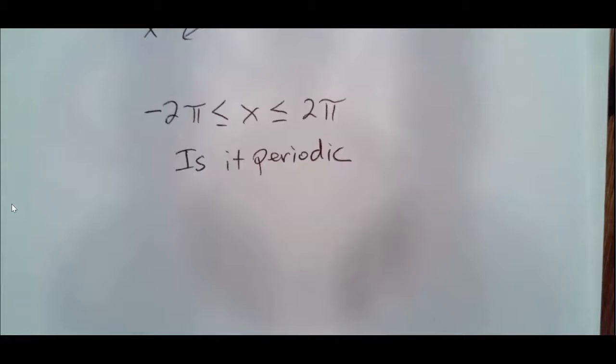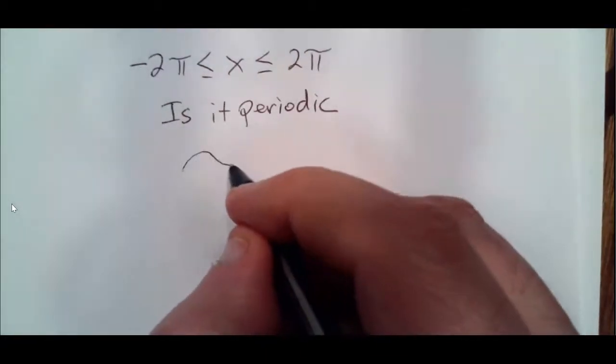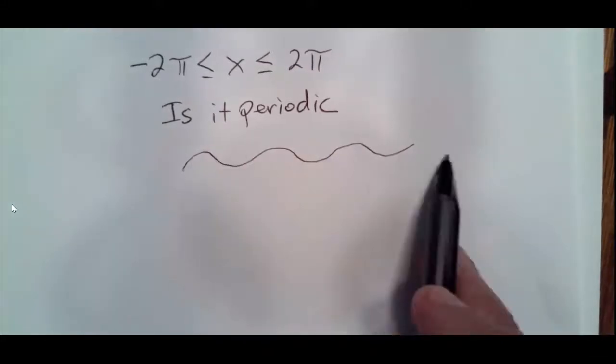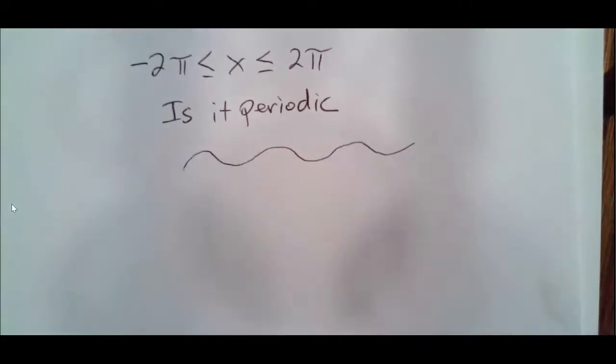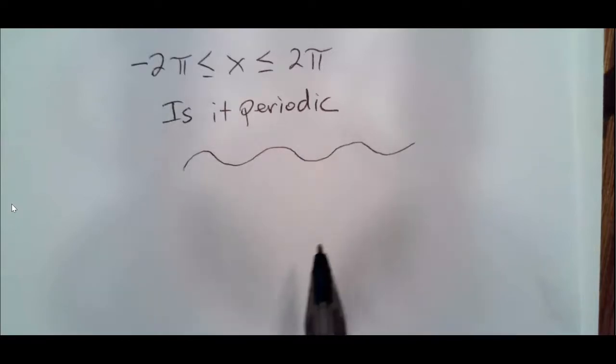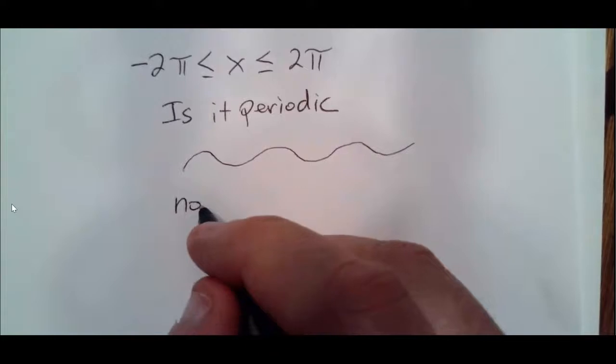What does periodic mean? You're going to keep the sine or cosine wave, and it's going to have the exact same distance, amplitude. It's going to stay consistent, in other words. So this would be periodic, and this would be non-periodic.